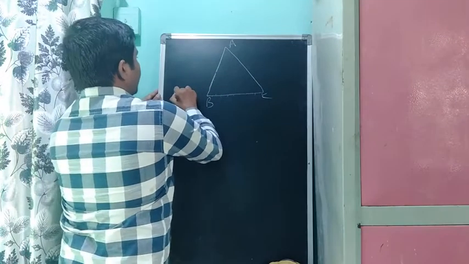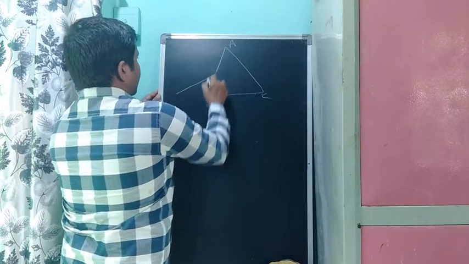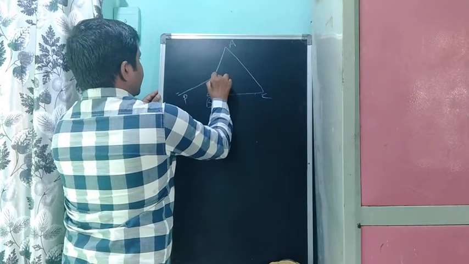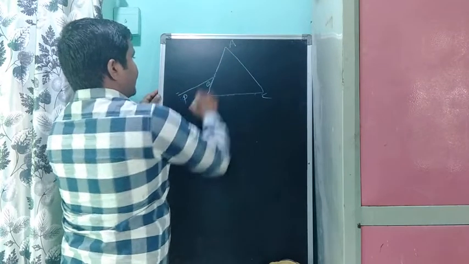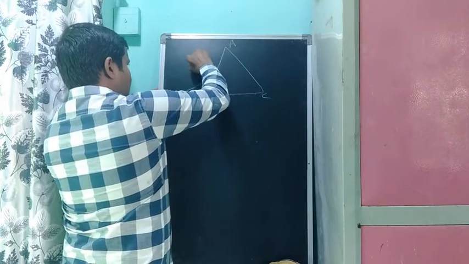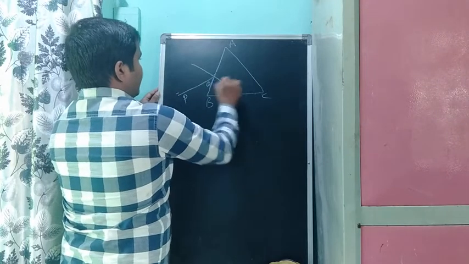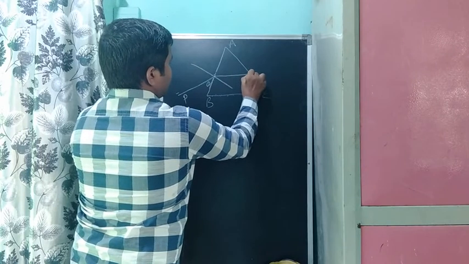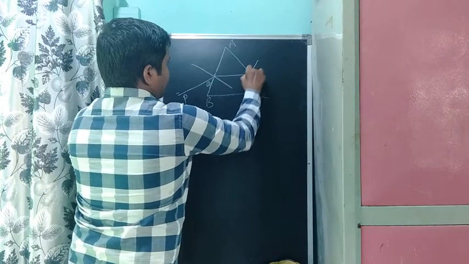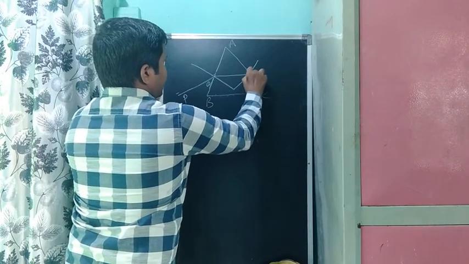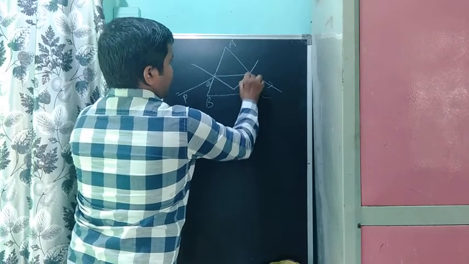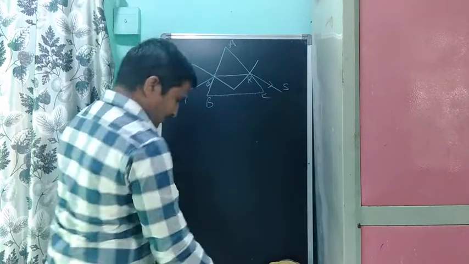Now a light ray PQ is incident on the refracting surface AB, and this is the normal. After refraction, it travels along the path QR. Again, we draw another normal here. Again, the light undergoes refraction and finally is transmitted along the path RS.